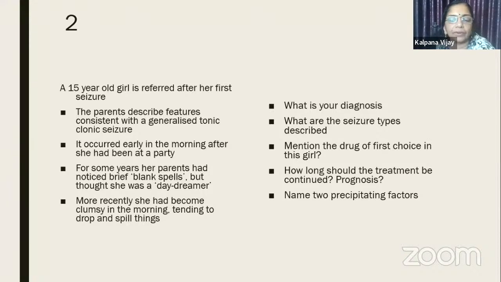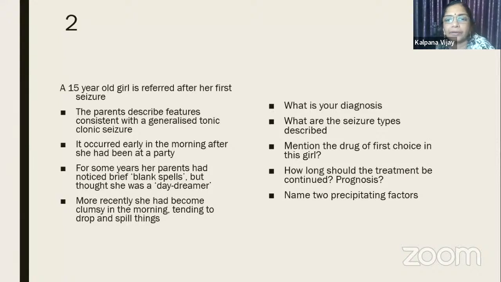So it's a 15-year-old girl. One has written valproate, the other has written Levipil. You should not write Levipil, you have to write the name of the molecule. It is levetiracetam. Levipil is a brand name, you should not use that. Okay.